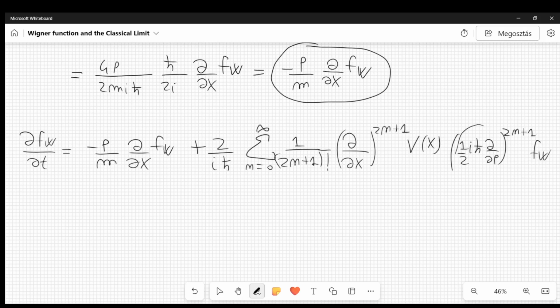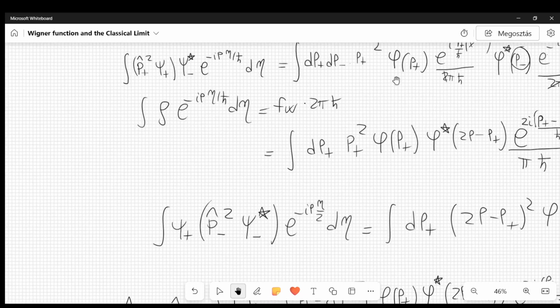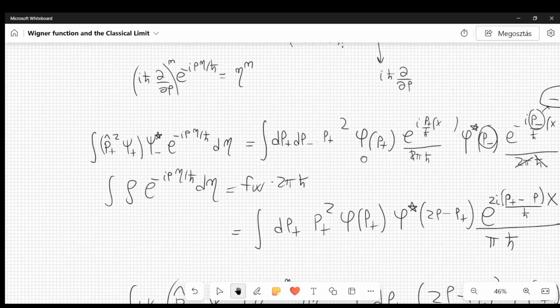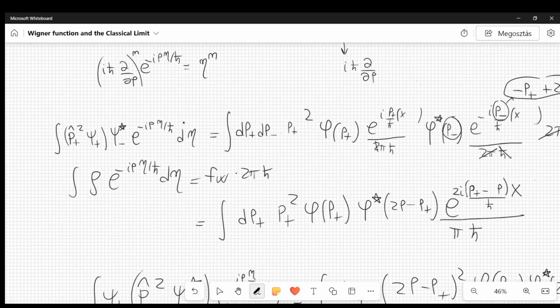But let me remind you that this comes from eta over 2, right? Because when you take the derivative with respect to p of the exponential inside the expression there, you can easily show that instead of writing eta, you can write that partial derivative.